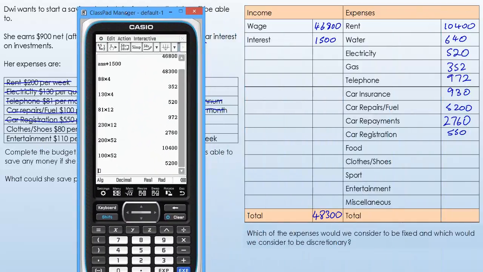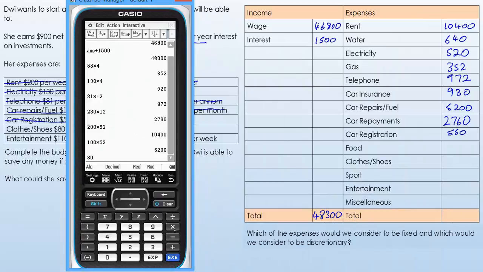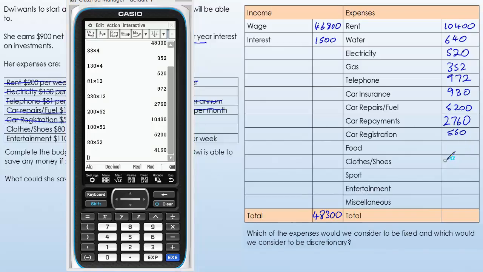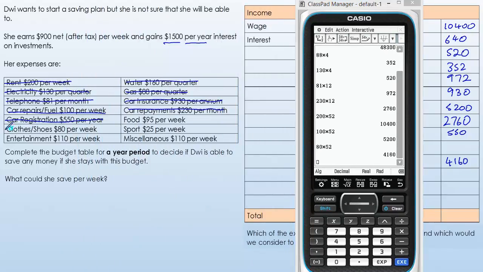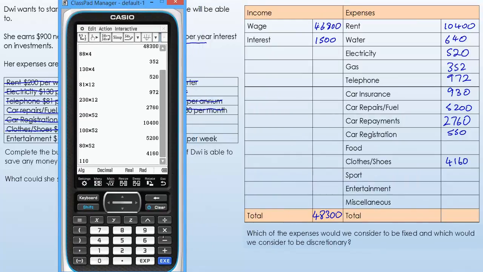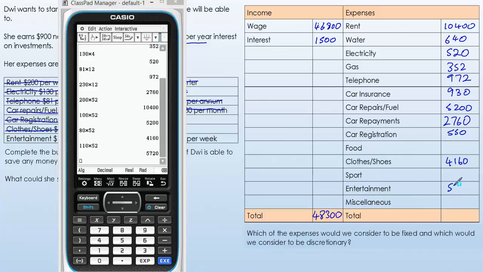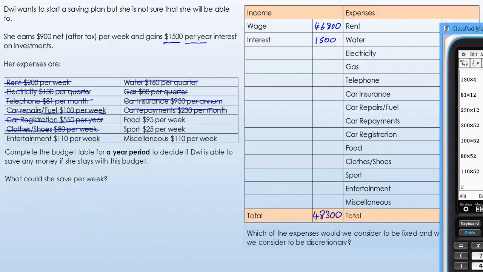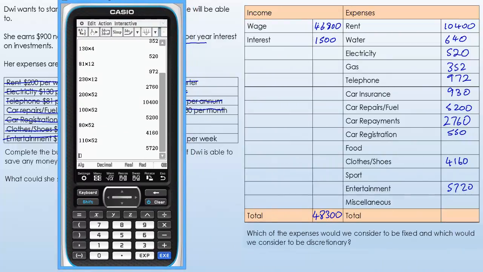Clothes and shoes. So 80 times 52, 4,160. Entertainment, 110. $5,720. I've got food at 95. $4,940.